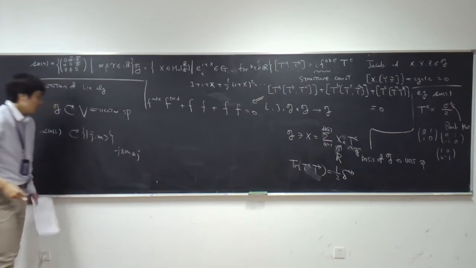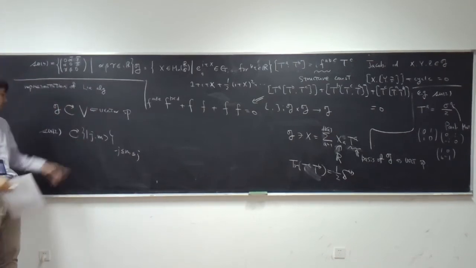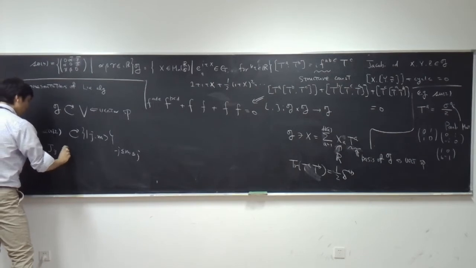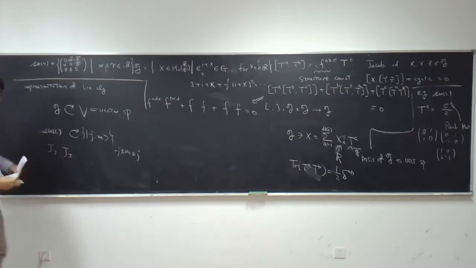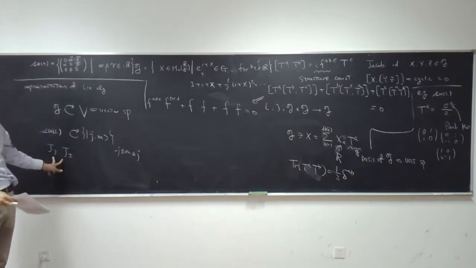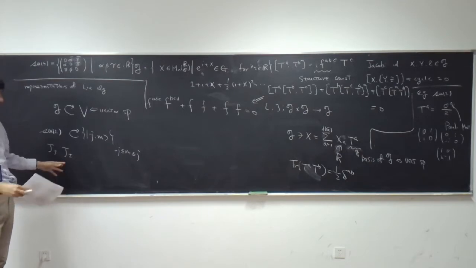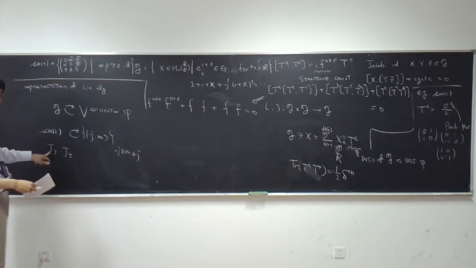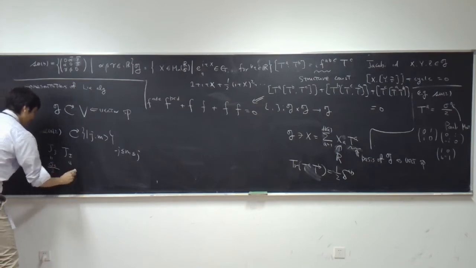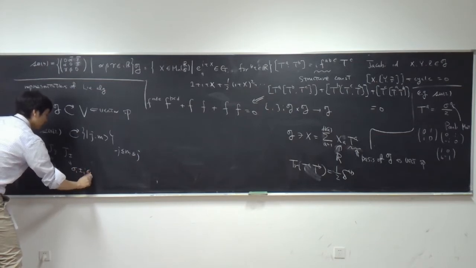So for SU2, J3 and J plus minus, everything can be rewritten from the Pauli matrices: J3 is sigma 3 over 2, and J plus minus is sigma 1 plus minus i sigma 2 over 2.